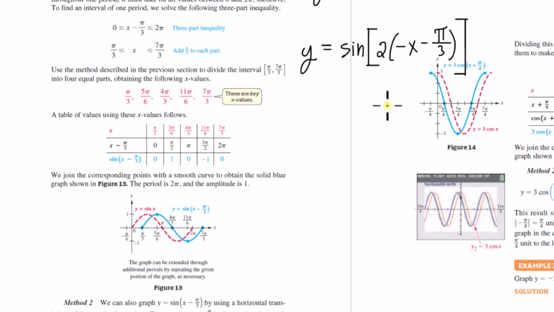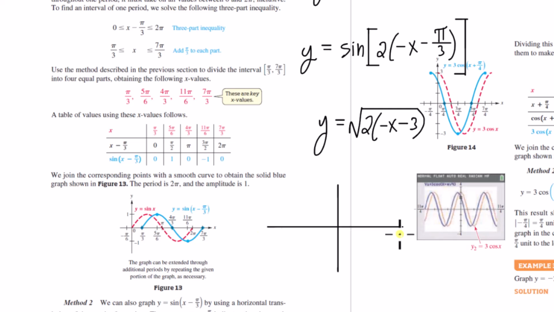And that is saying that you shift it. So, okay, if we come to y is equal to the square root of 2 times minus x minus 3, you started with the square root of x.